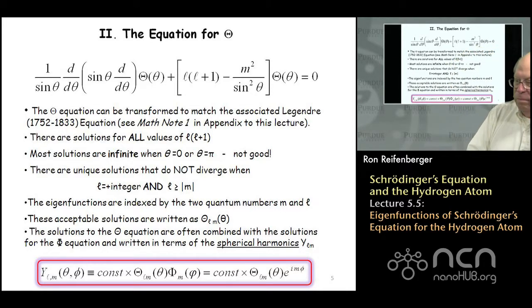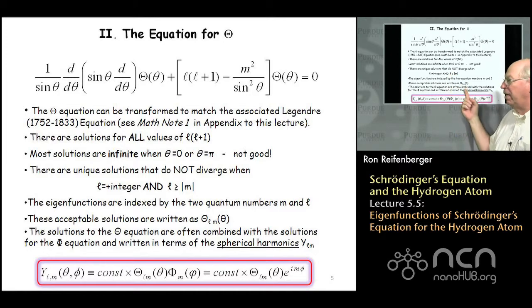So the acceptable solutions to this equation 2 for capital theta now have to be keyed to the values of script L and m.